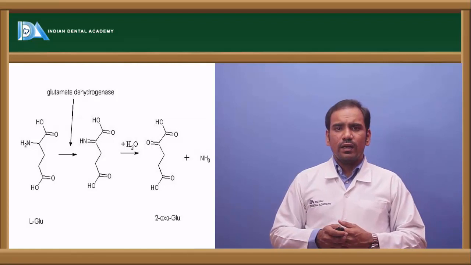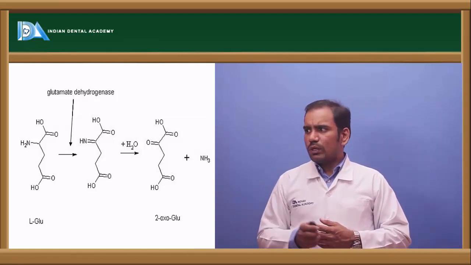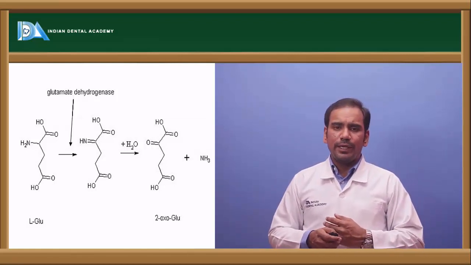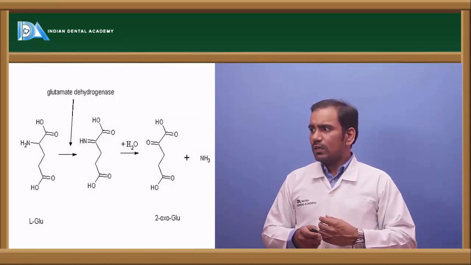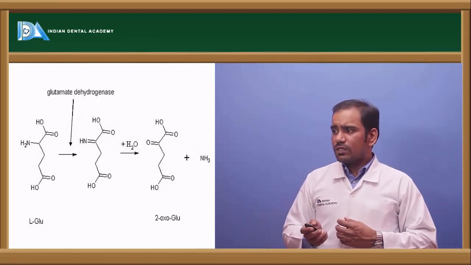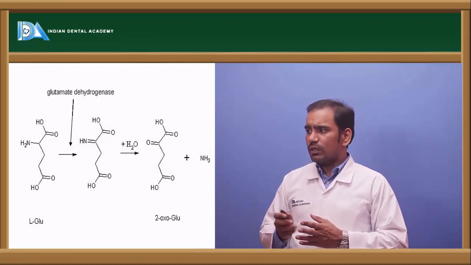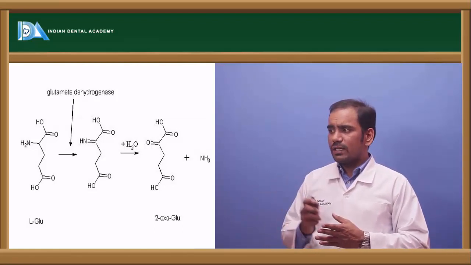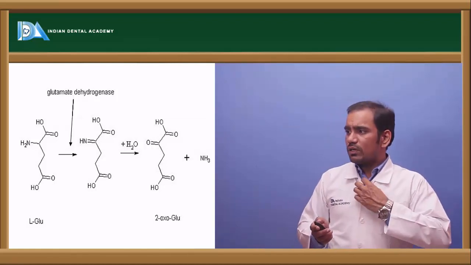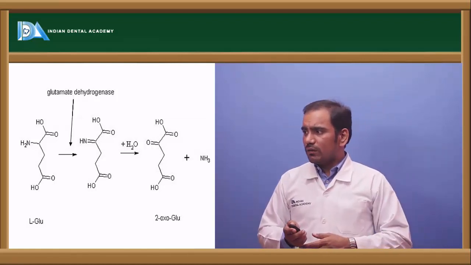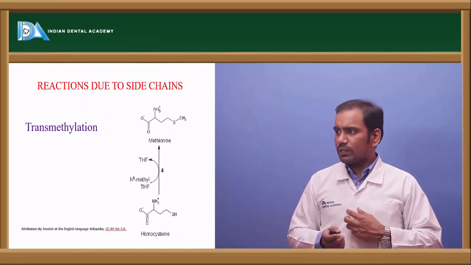You can see in this example, glutamate undergoes deamination catalyzed by the enzyme glutamate dehydrogenase, which converts glutamate into alpha ketoglutaric acid and ammonia. This is how oxidative deamination, the removal of the amino group, occurs.